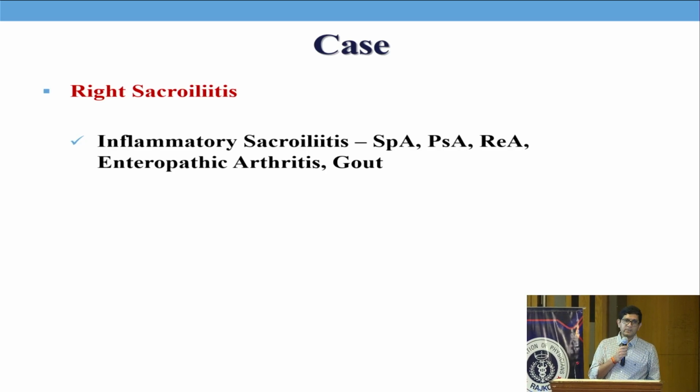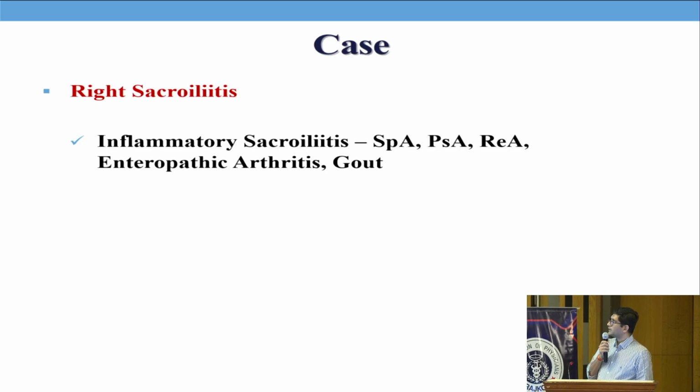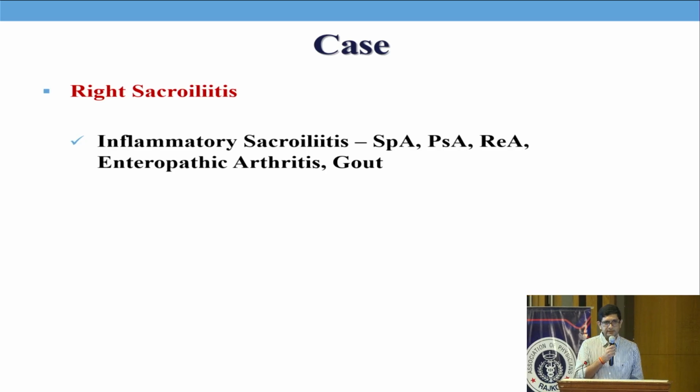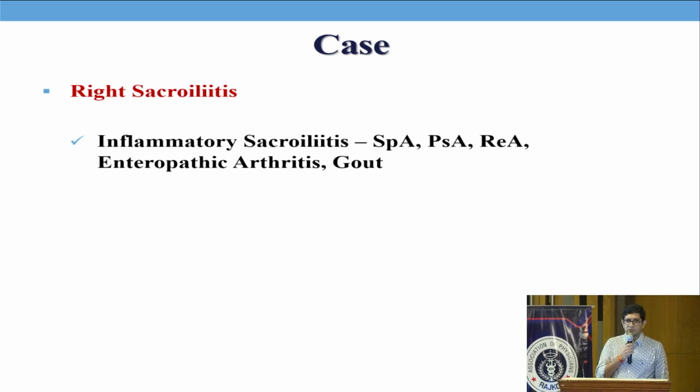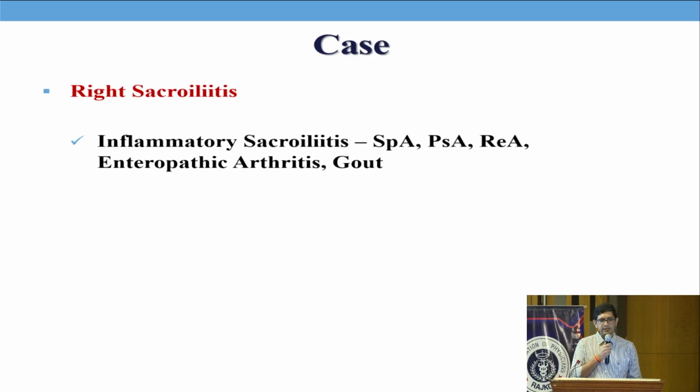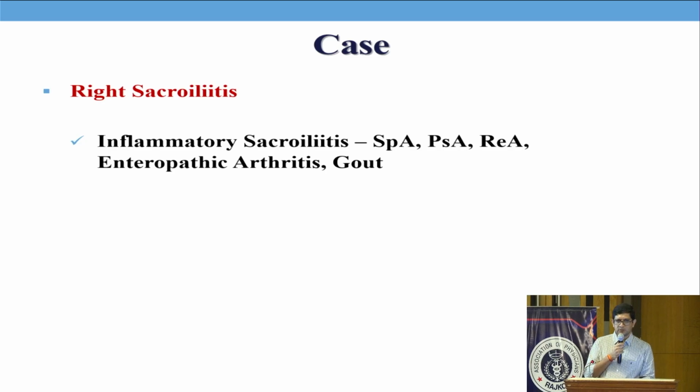Some diseases may remain unilateral, like psoriatic arthritis, enteropathic arthritis in IBD, Crohn's or ulcerative colitis. Gout can be unilateral or bilateral. Spondyloarthritis, that is ankylosing spondylitis, usually starts unilateral and progresses to bilateral. Reactive arthritis can start with unilateral sacroiliitis.